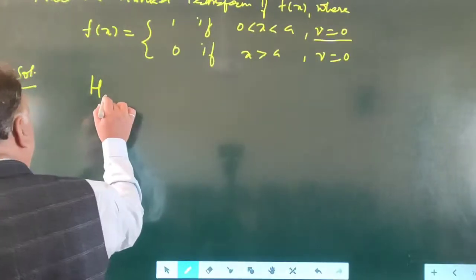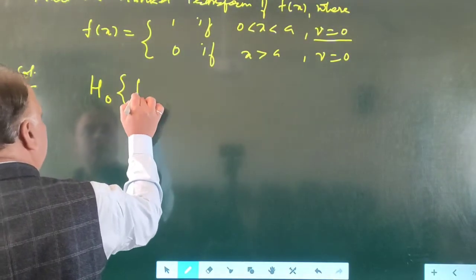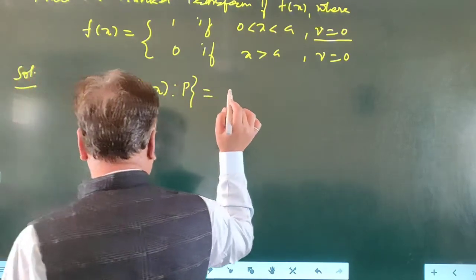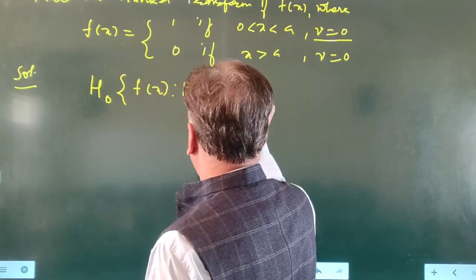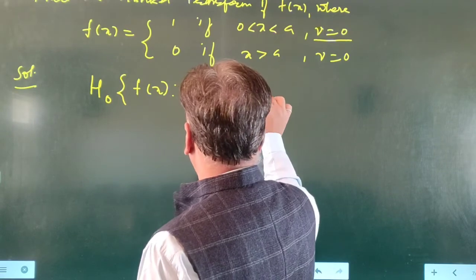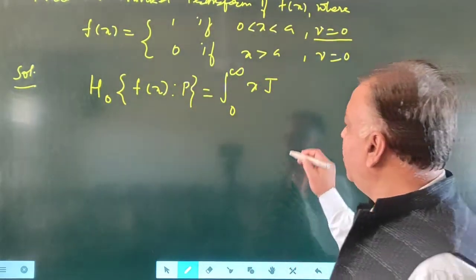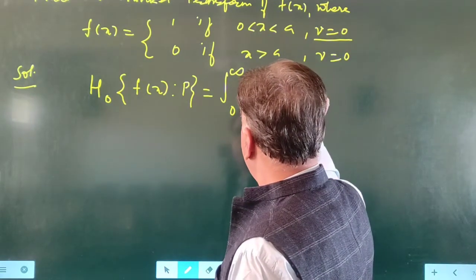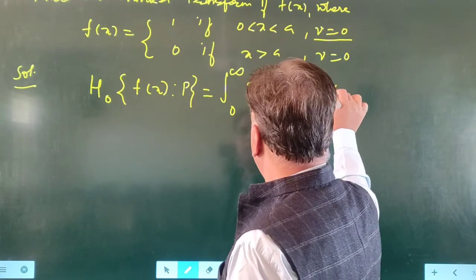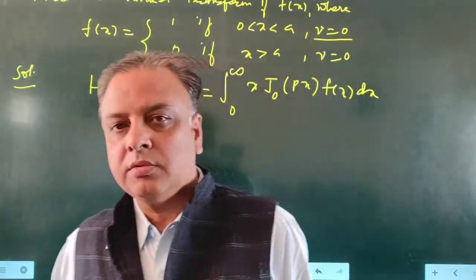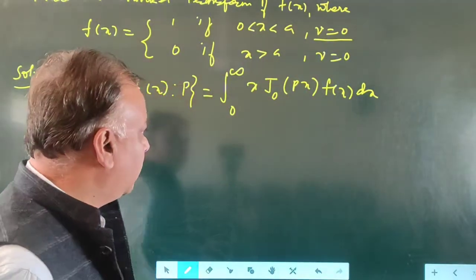So we have to find H_0 of the function f(x) with respect to parameter p. By the definition, this is equal to the integral from 0 to infinity of x J_nu(px). The kernel is x J_nu(px). Nu here is 0, so this is x J_0(px) f(x) dx.